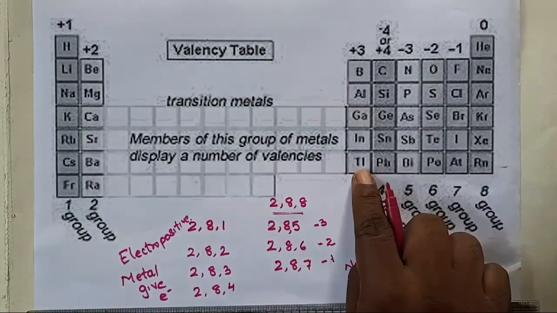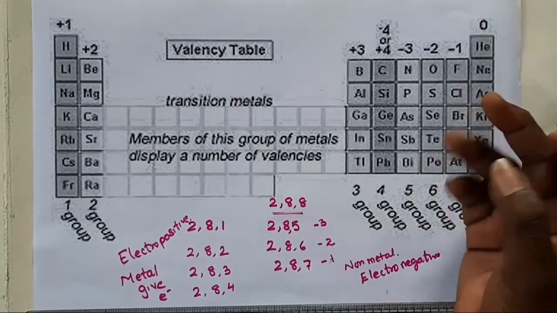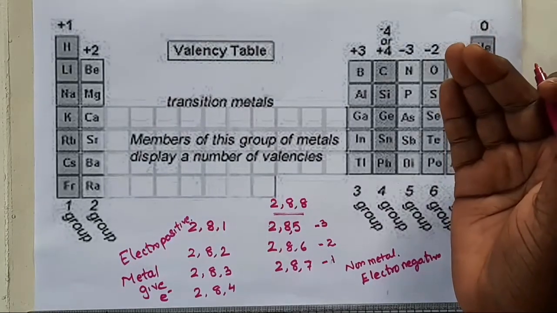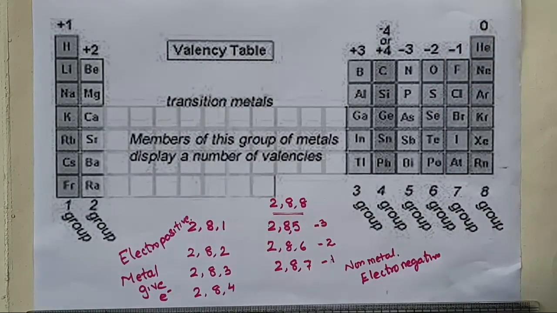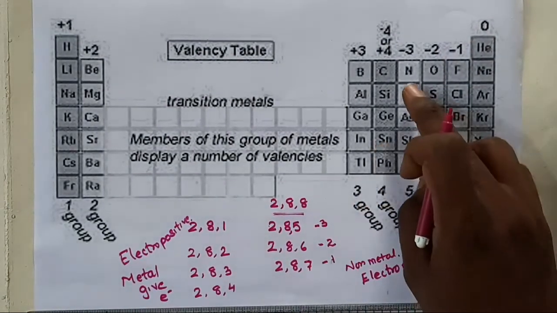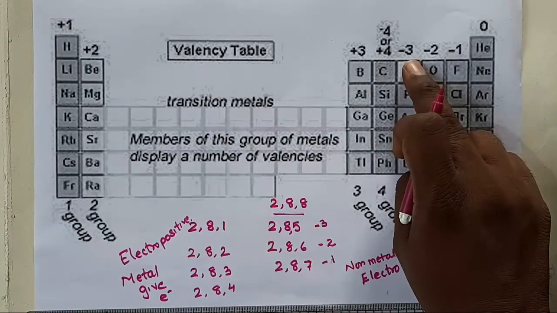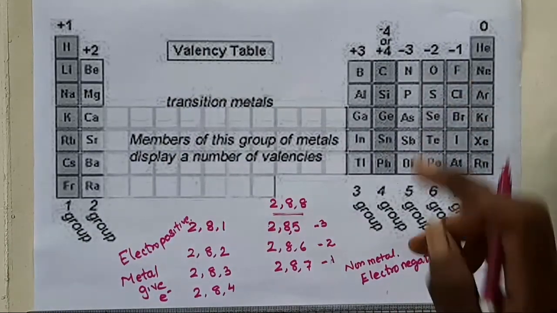Group 3, the valency is 3. They also give electrons. But in group 4, either they give 4 electrons or they can take 4 electrons. So here also the valency is 4. Here the valency is 3 because it accepts electrons in group 5.